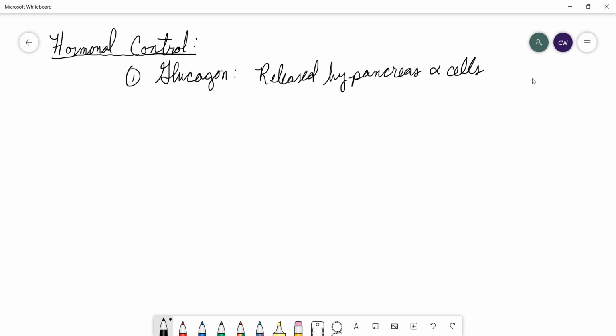Okay? When the blood glucose level is low, this activates PFK2 and it decreases the activity of PFK1.